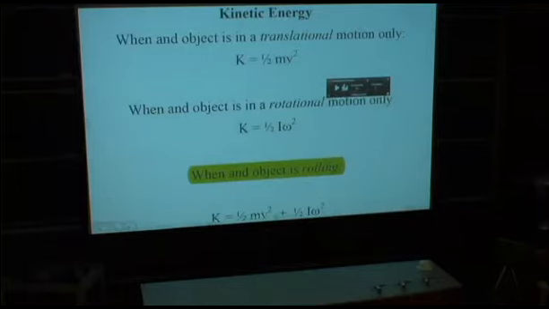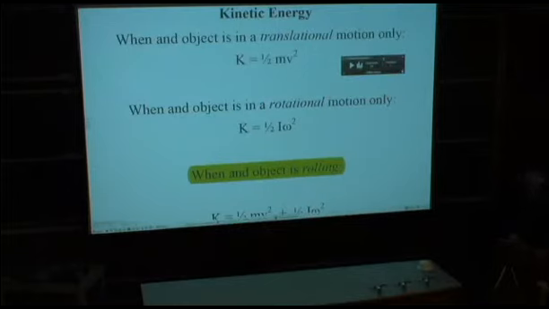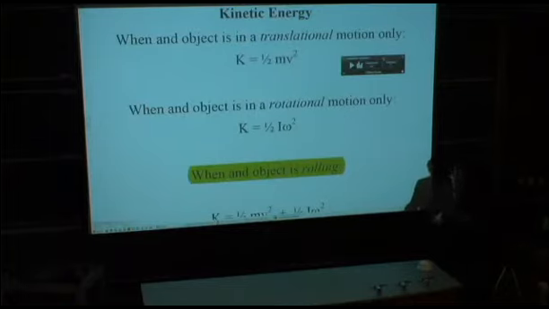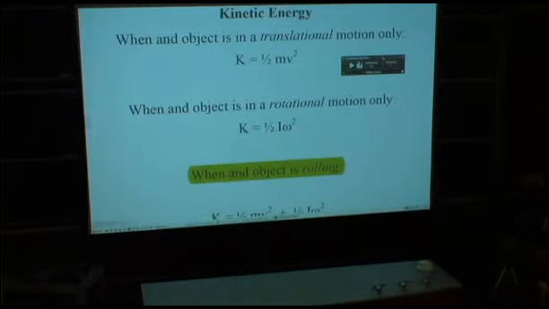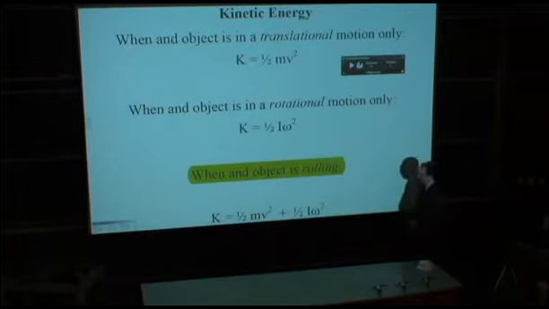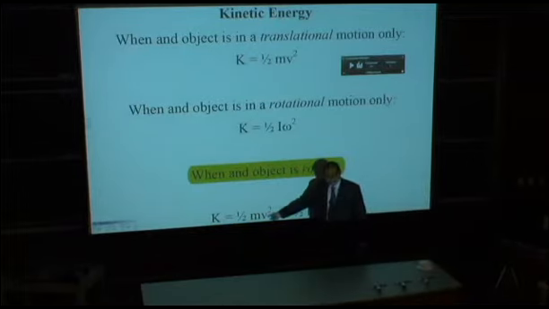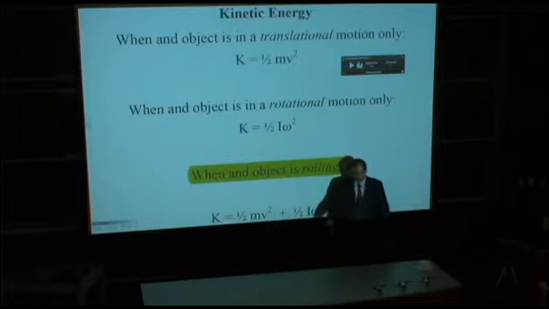So, what about kinetic energy for a rolling object? Well, because rolling is a combination of two motions, a translational motion of the center of mass and the rotational motion about the center of mass, the kinetic energy of the rolling object is equal to the sum of two kinetic energies. The kinetic energy related to translational motion, we just have to remember this variable v represents the speed of the center of mass of that wheel relative to the ground.